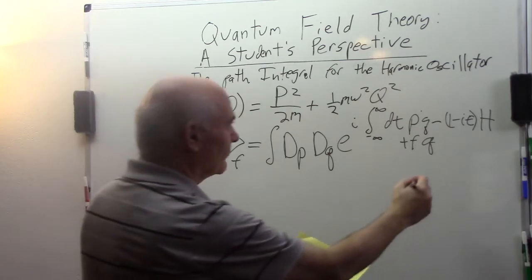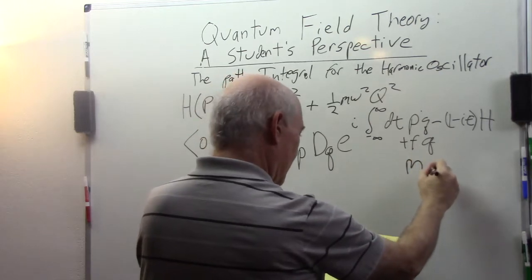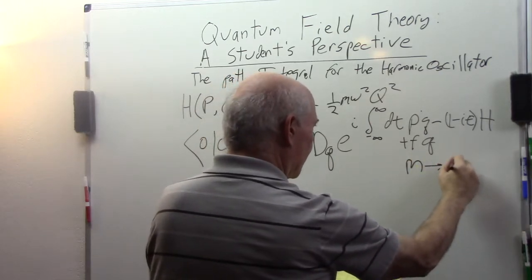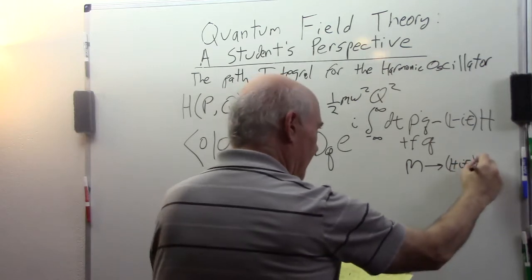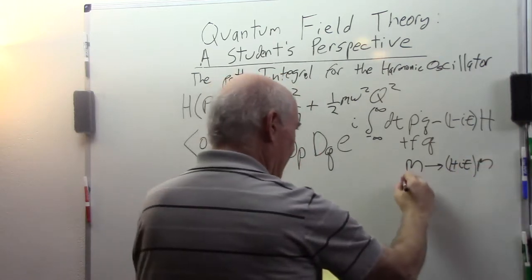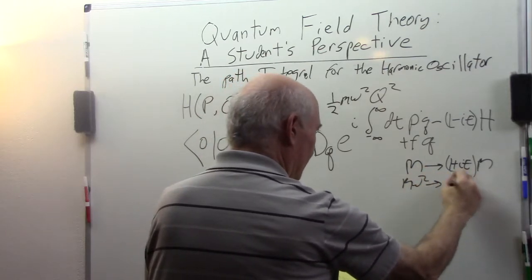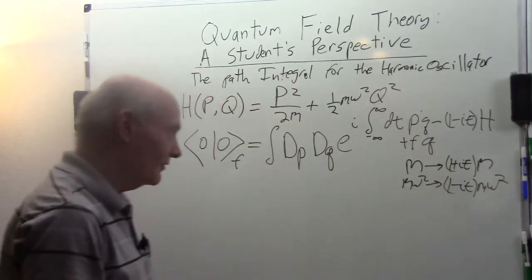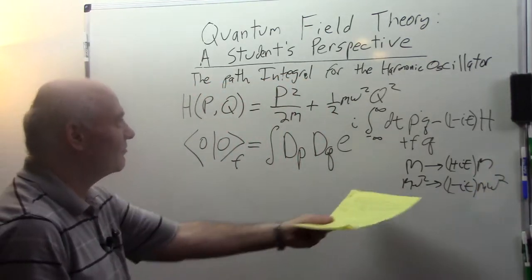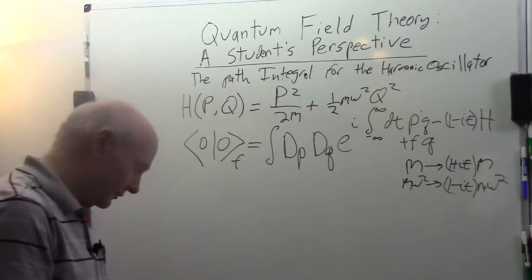We're going to just always make the substitution here: m goes to 1 plus i epsilon m, and m omega squared goes to 1 minus i epsilon m omega squared. So this is just to make things converge, and it's the type of thing physicists do.